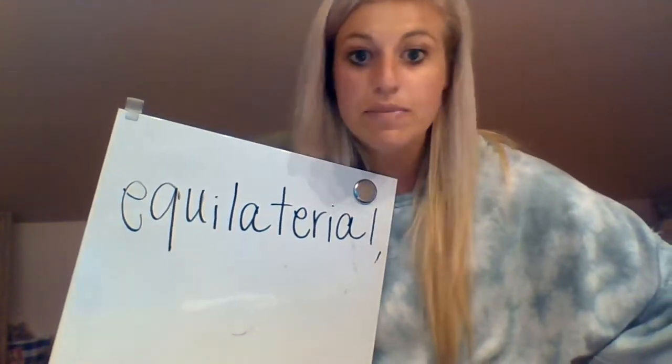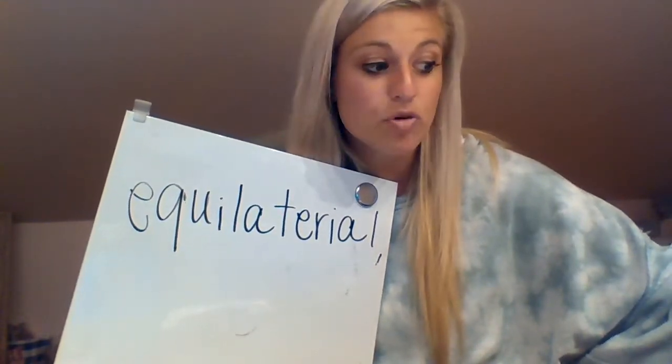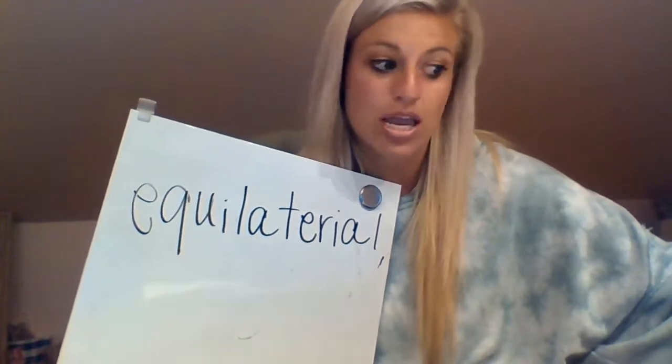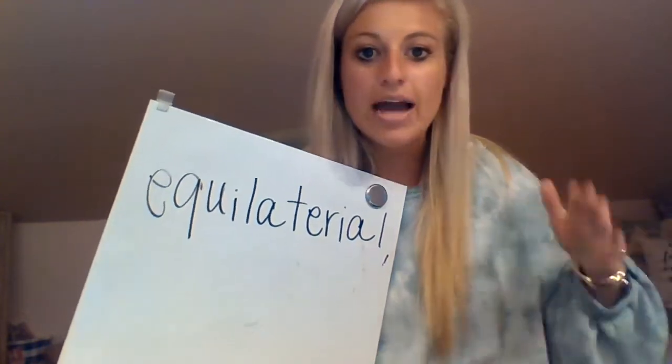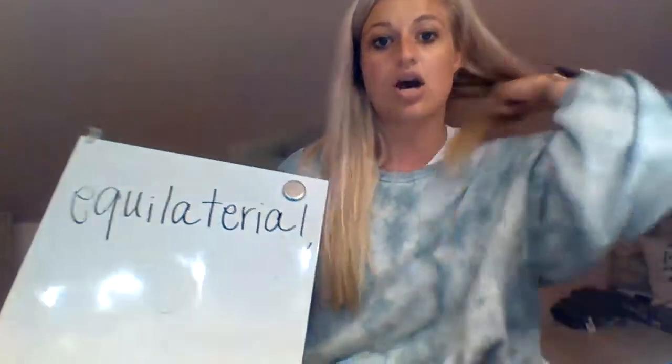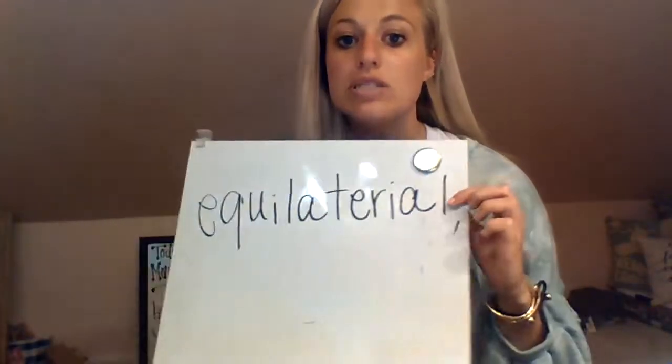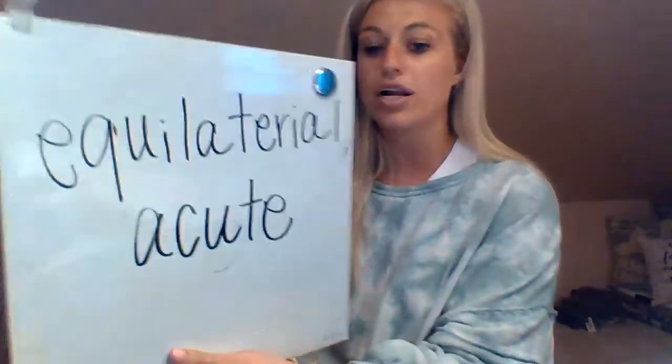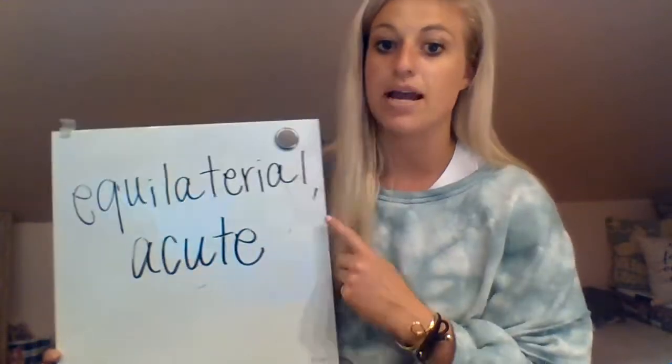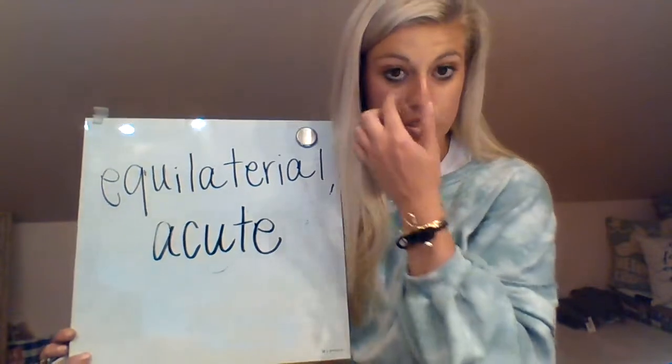None of those make that perfect square, so unfortunately, it's not going to be a right triangle. Also, I don't see any angles that are really large, so none are going to be an obtuse angle. So this one's going to be equilateral and acute. So I have my word equilateral and then my comma and then acute.